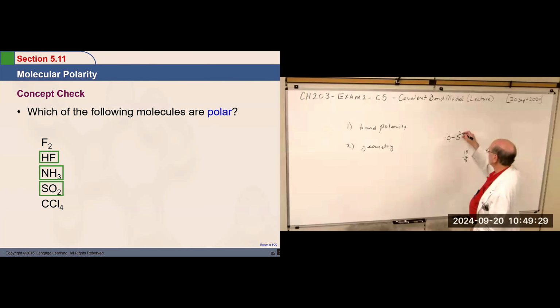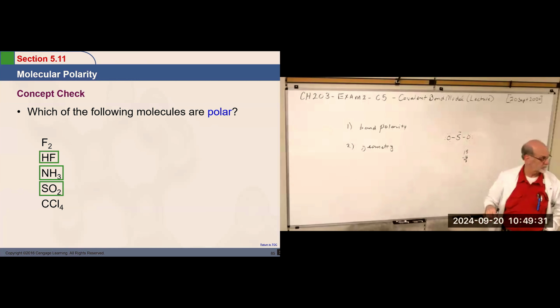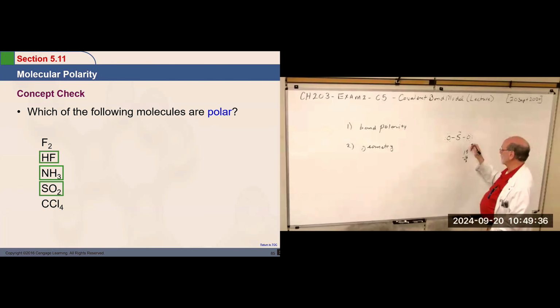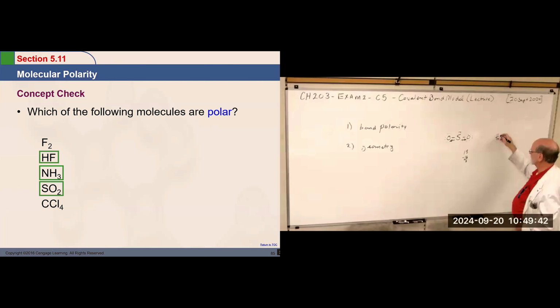We have 2. Okay, so that's a bent molecule. Now, oxygen is more electronegative than sulfur, so it's going to be pulling this way, but the molecule is bent. Right? It has these over here, it has that like that and that. So this polarity is going to drive it that direction. So yeah, sulfur dioxide is polar.